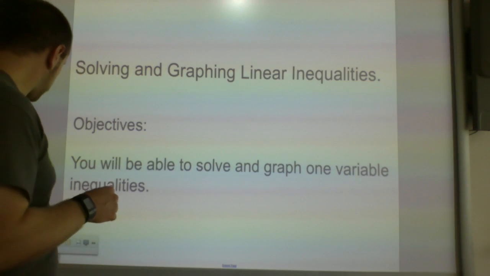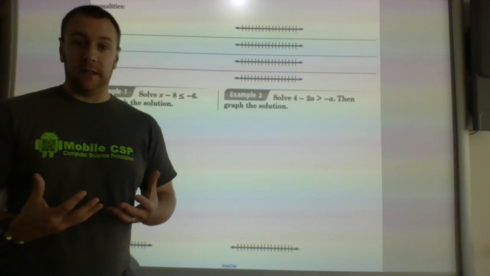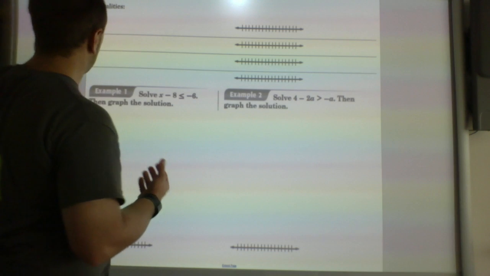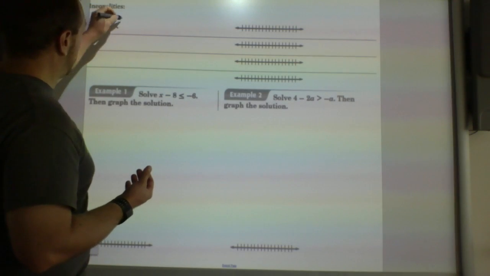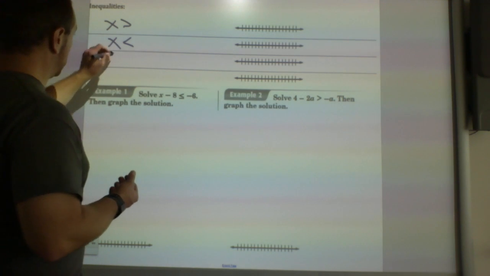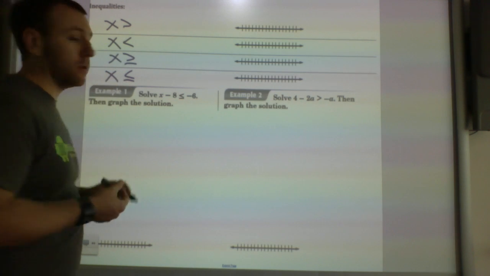So first off, we have to discuss what the graphing means. So there are four basic types. There's x is greater than, x is less than, x is greater than or equal to, or x is less than or equal to.